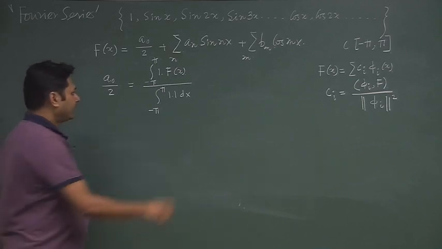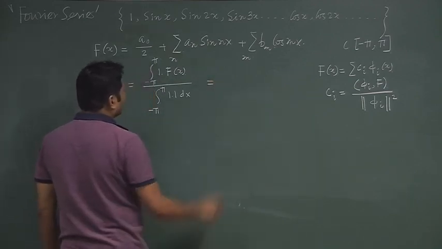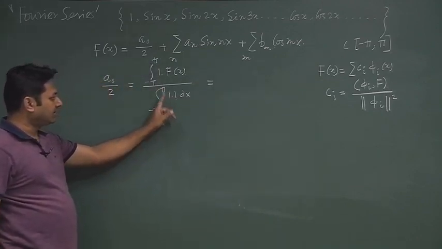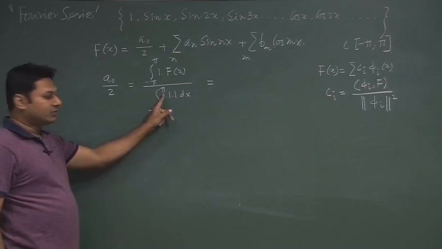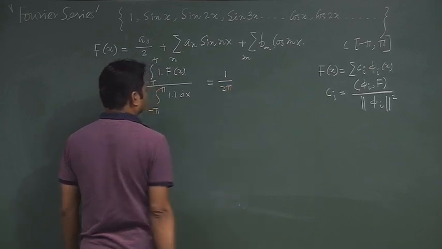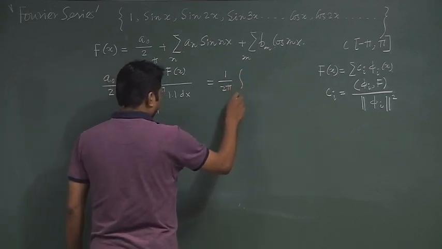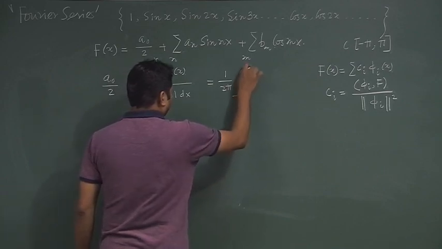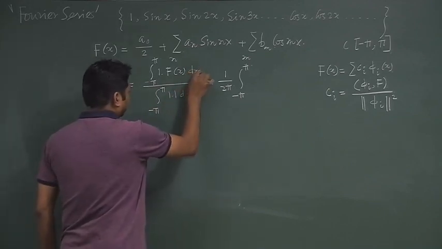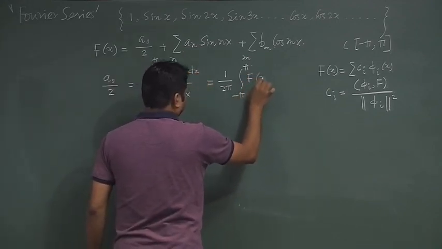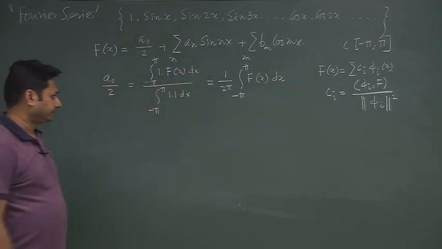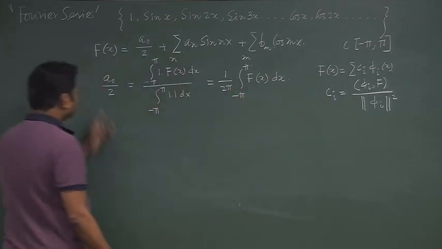This integration of 1 dx from minus pi to pi is 2 pi. So, 1 by 2 pi integration minus pi to pi f of x dx. Fine. So now I know what my a0 coefficient is.